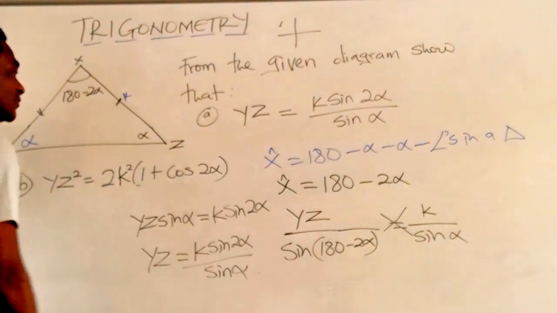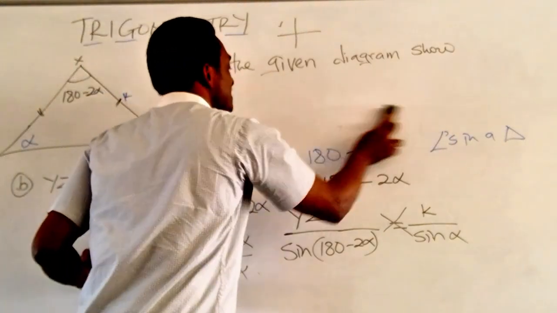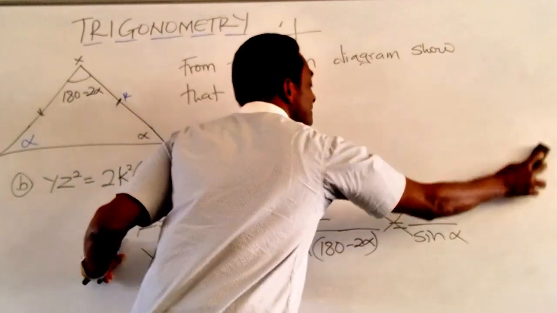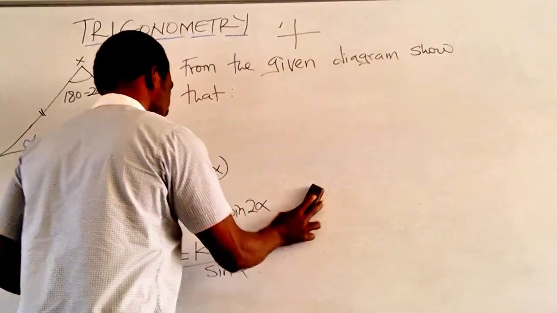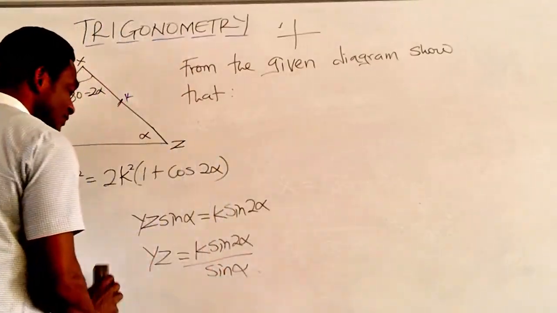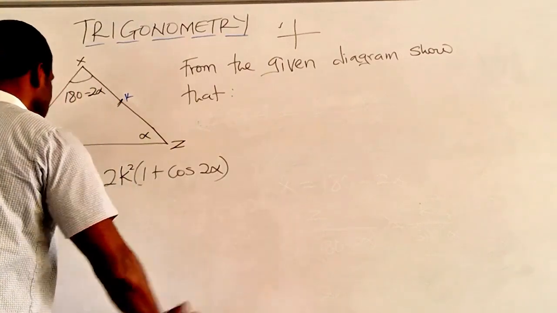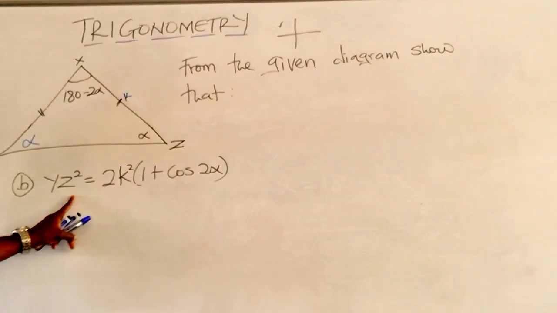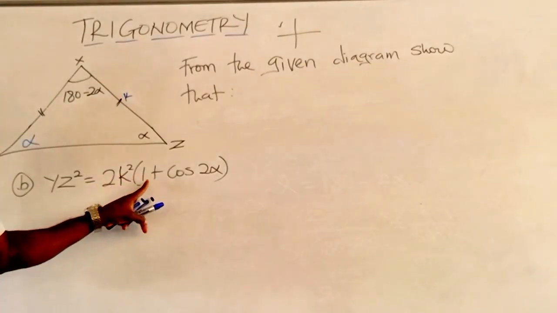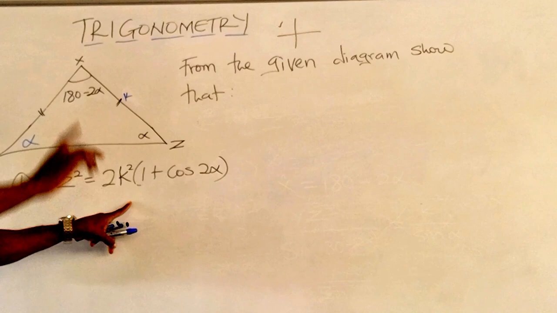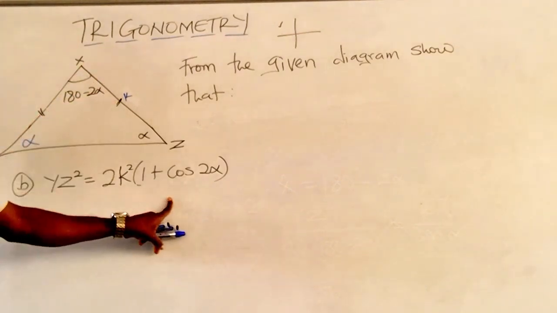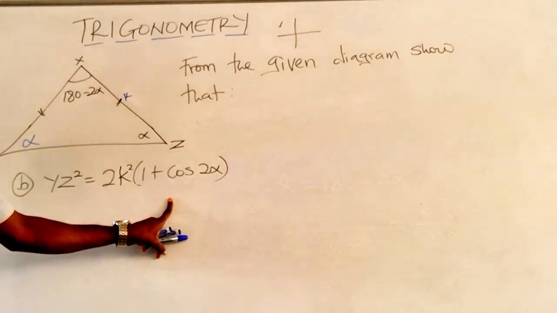Now let's look at the second question. The second question is asking us to get YZ squared is equal to 2k squared plus, we should prove this. Remember, there's no mark allocation for this, so it must be done properly.